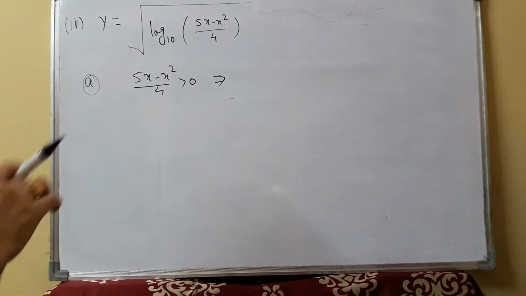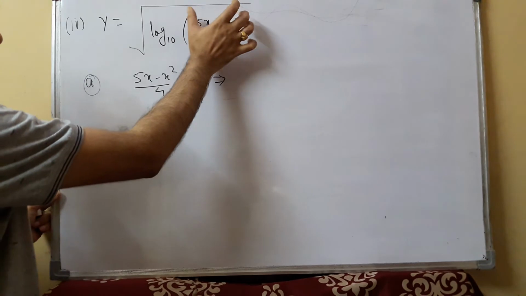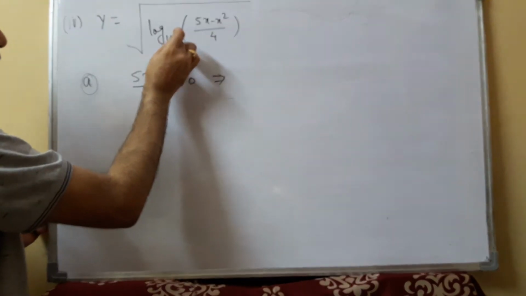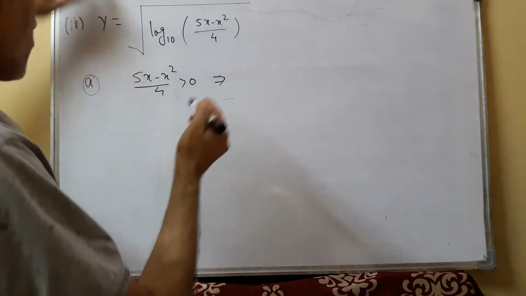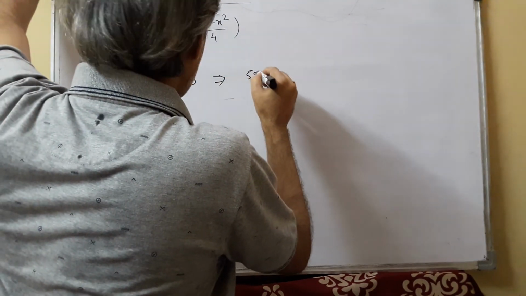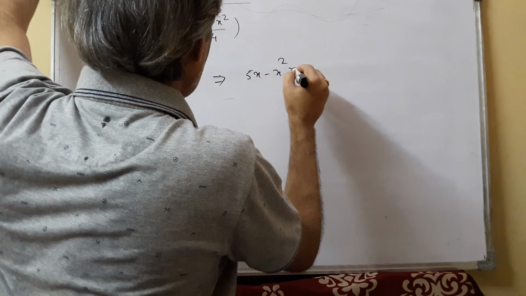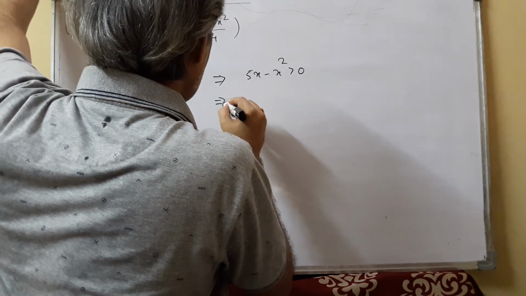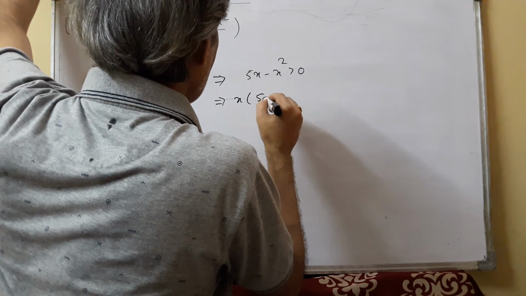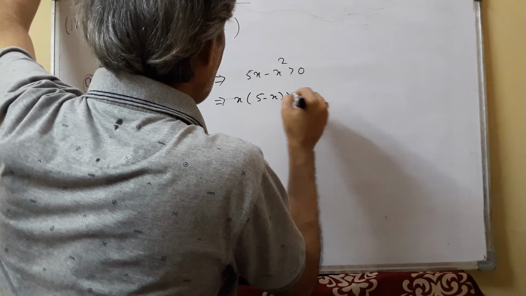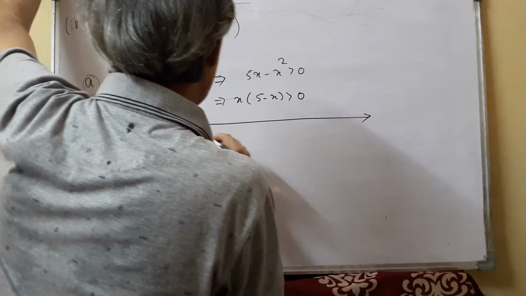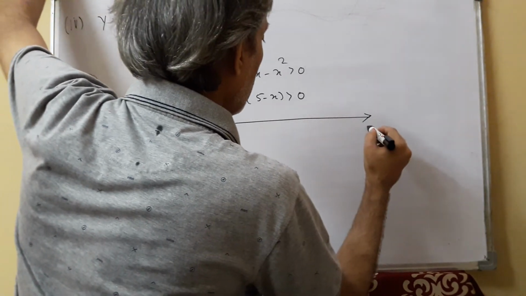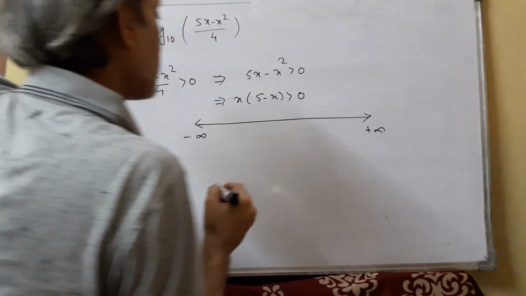Time and again I have discussed, log of a to the base b is defined when a should be more than 0. Now solve this, 5x minus x square more than 0, just by plotting it on a number line by using sign scheme method.